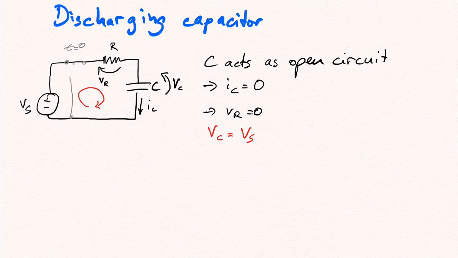That is, instead of connecting the resistor to the voltage source, we connect the resistor directly to the capacitor, so that the equations that we derived here describe the case before we switch.